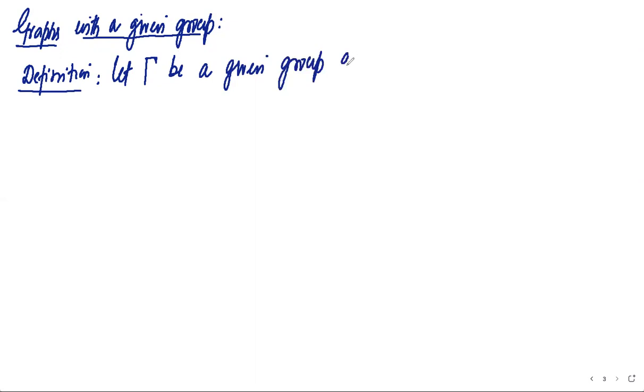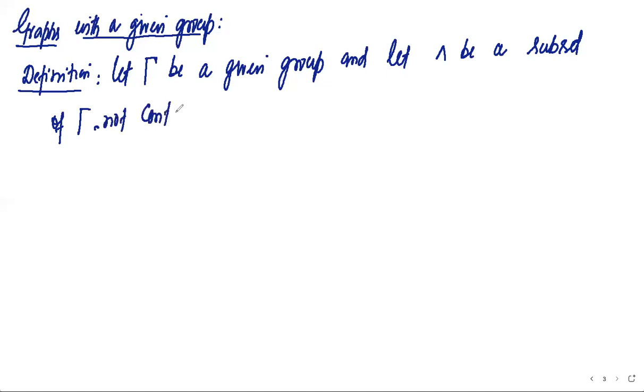Let gamma be a given group, and let tilde be a subset of gamma not containing the identity.